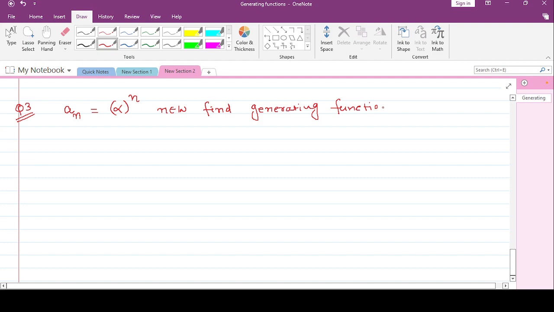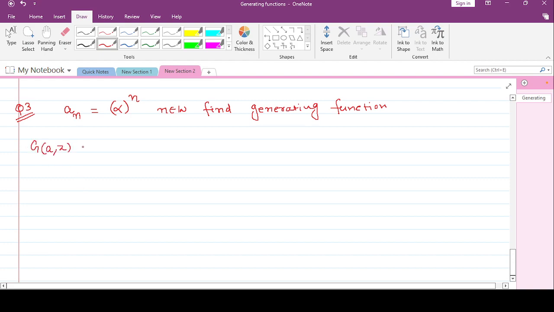So this sequence is not a constant sequence. As you change the value of n, each term is different, because alpha to the power 0 is 1, the next is alpha, and then alpha square, like this. Now what is the generating function for this?